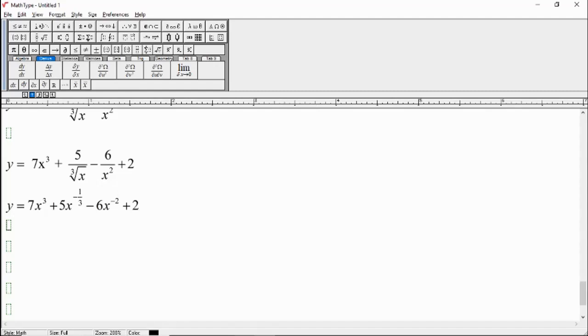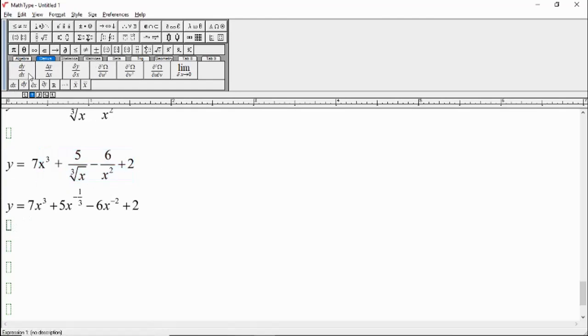See, now we can properly differentiate it. Now they're in terms where we can actually calculate it, and then once we have worked it out, we can put it back into this format, how we originally found it.